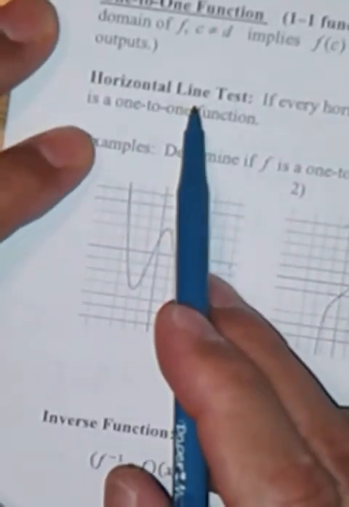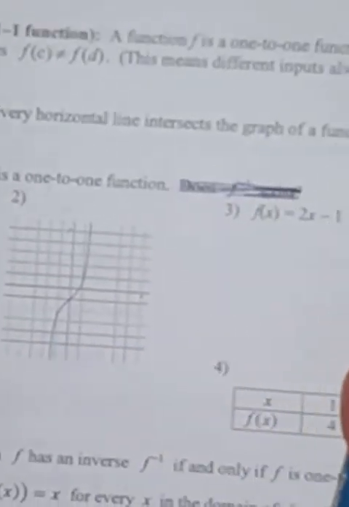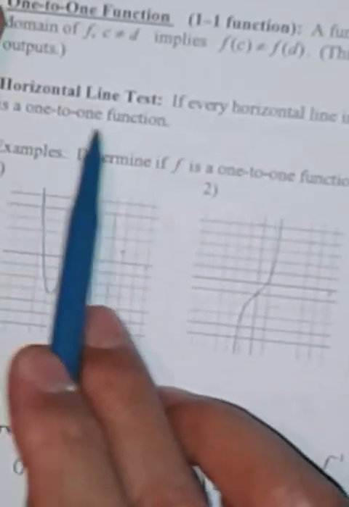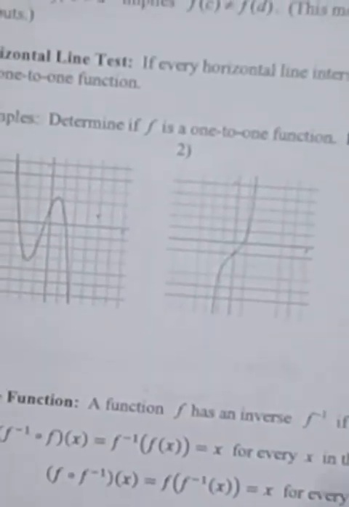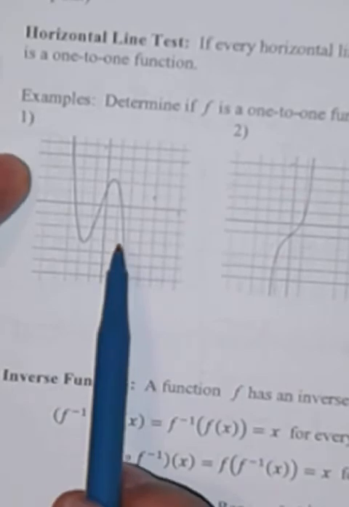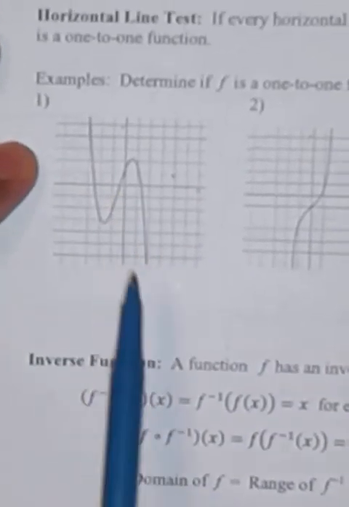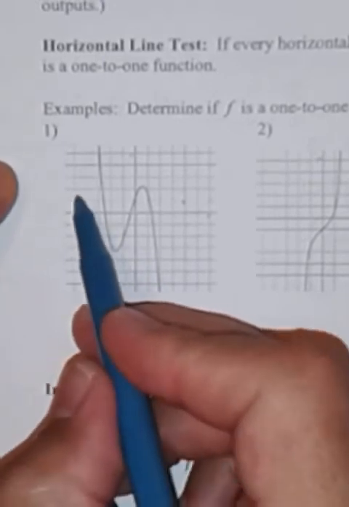All right, there's a horizontal line test we can use for this. If every horizontal line intersects the graph of function f at most once, then f is one-to-one. So it could only intersect it once to be one-to-one. All right, so let's try number 1 and number 4. So number 1, notice here I can use the horizontal line test. The question is, determine if f is one-to-one.